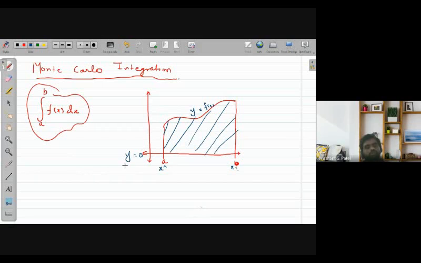For example, if I give you the integration from 0 to 1 of e to the power minus x square dx, it is impossible to integrate this integral. So the question is, what is the area under the curve e to the power minus x square?